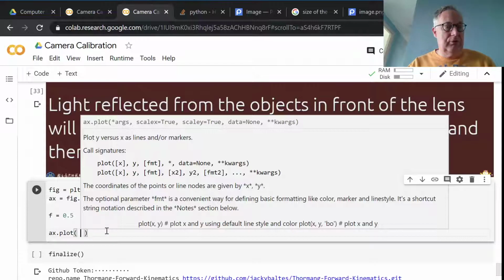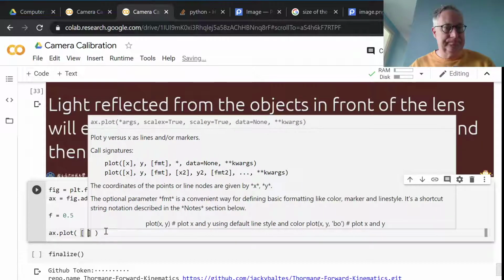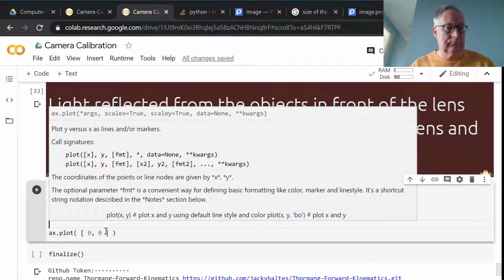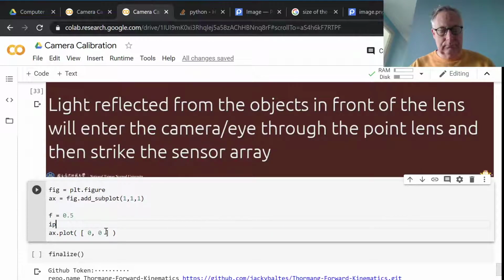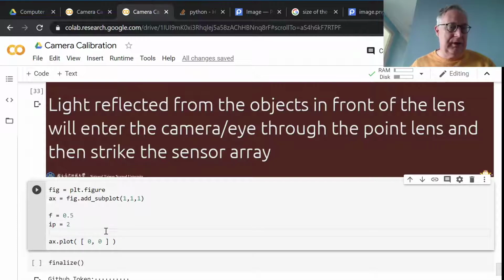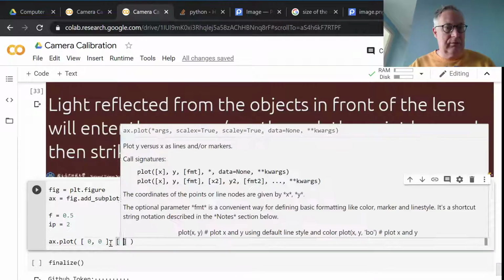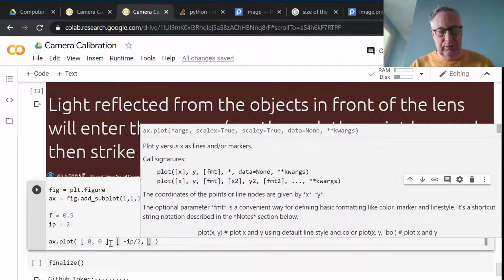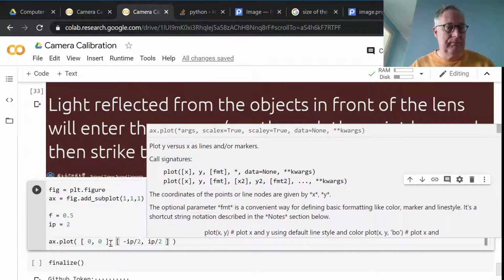Let's make the image plane 2 centimeters big. So that means it will range from minus IP divided by 2 to IP divided by 2.